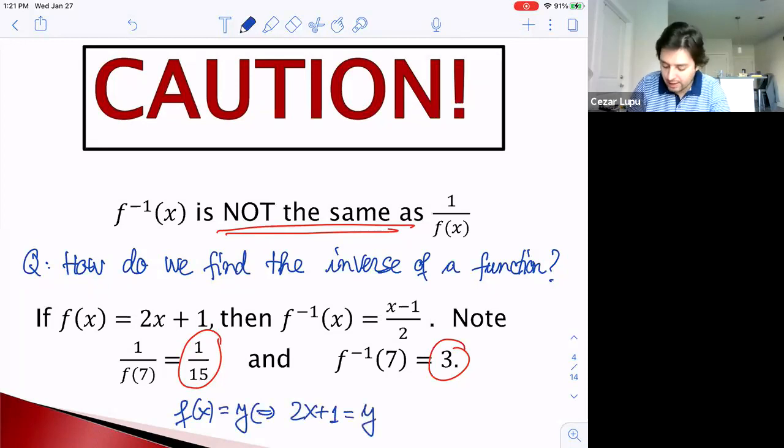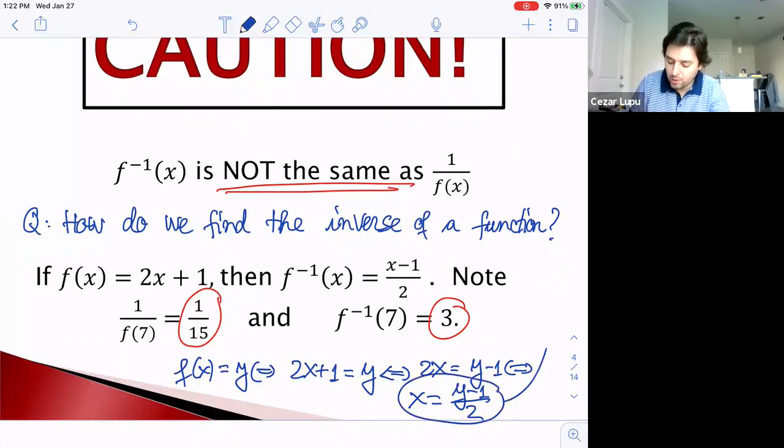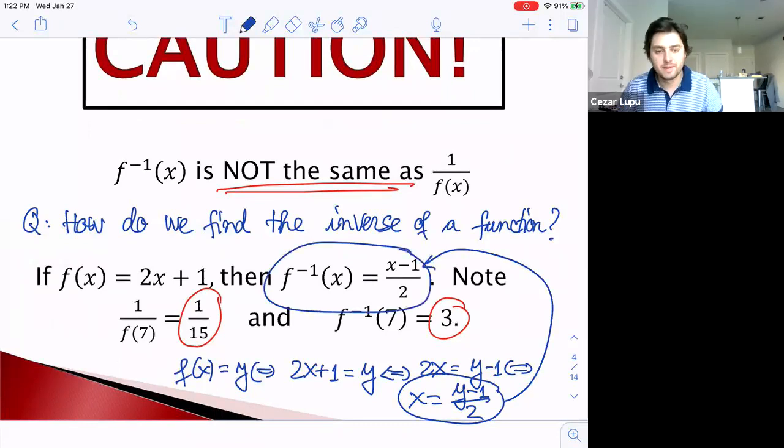Now we're going to solve it for x. So from here, this will be equivalent with 2x equals y minus 1, or equivalent with x equals y minus 1, everything over 2. So that y will become x, and that x will become f inverse. And then once you have this, you can go back in here, and you'll have this. Right? It's the same procedure.